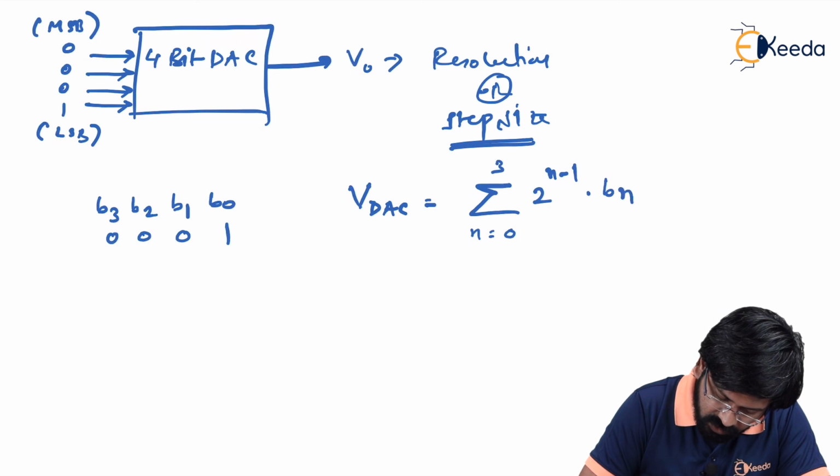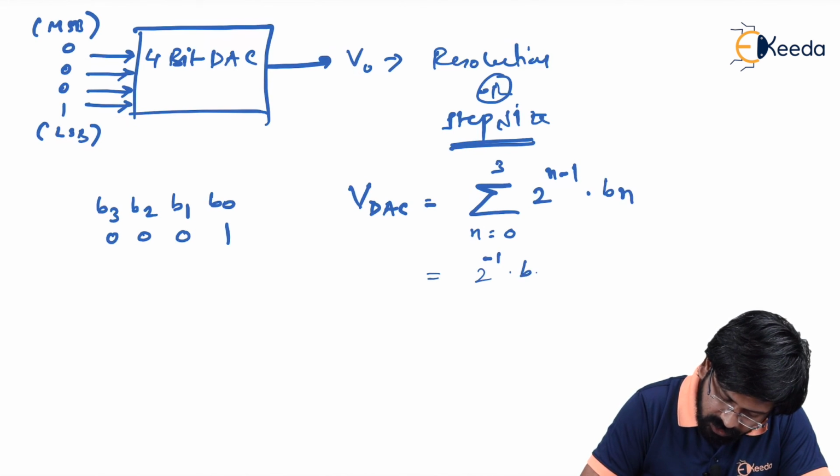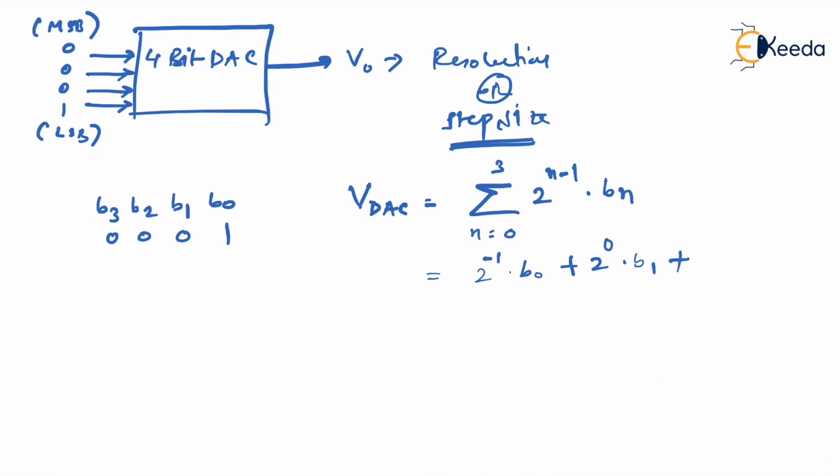So first of all, substitute n equal to 0. This will give you 2 to the power minus 1 b0, plus, then I substitute n equal to 1, which makes this 2 to the power 0 b1, plus n equal to 2. If you substitute, you will get 2 to the power 1 b2, and finally when I substitute n equal to 3, then it is 2 squared b3.